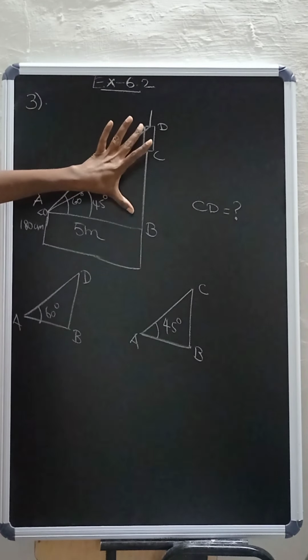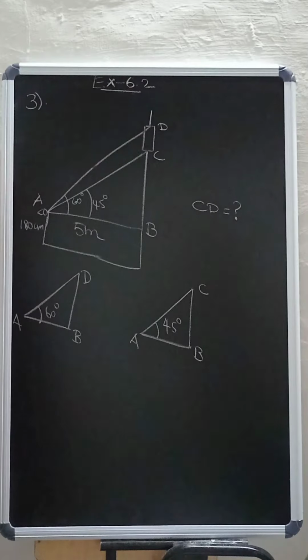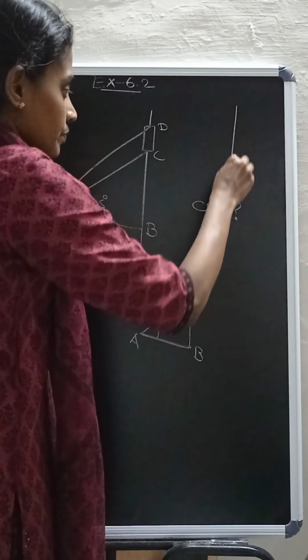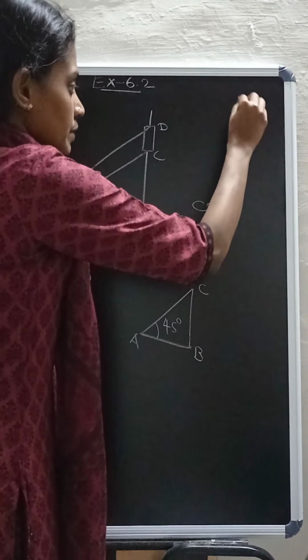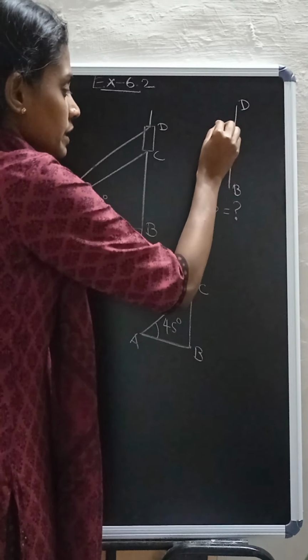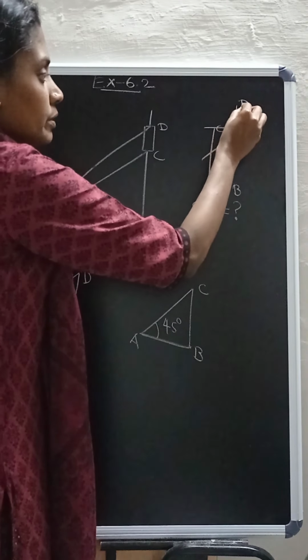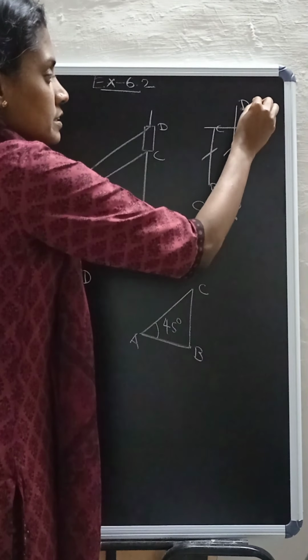If we subtract, BD minus BC will give you the length CD. See, this is BD and this is BC. Now, if both these get subtracted, you will get the length CD.